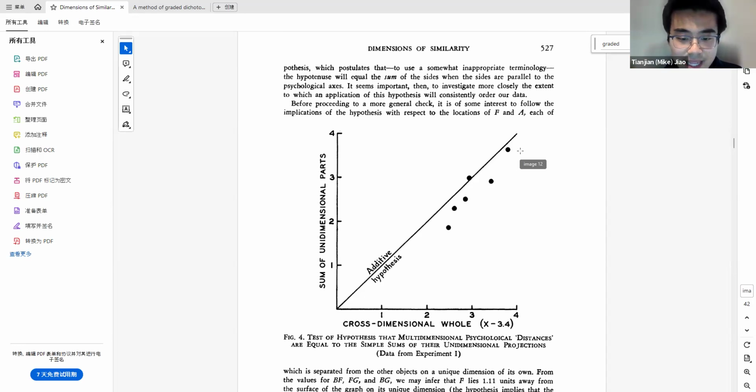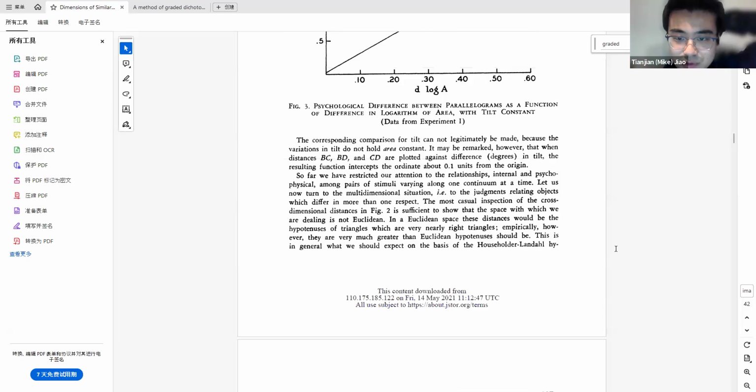And in the additive hypothesis, they are essentially hypothesizing that the additive sum of each dimension should add up to be essentially the same as the actual psychological distance between the stimuli.